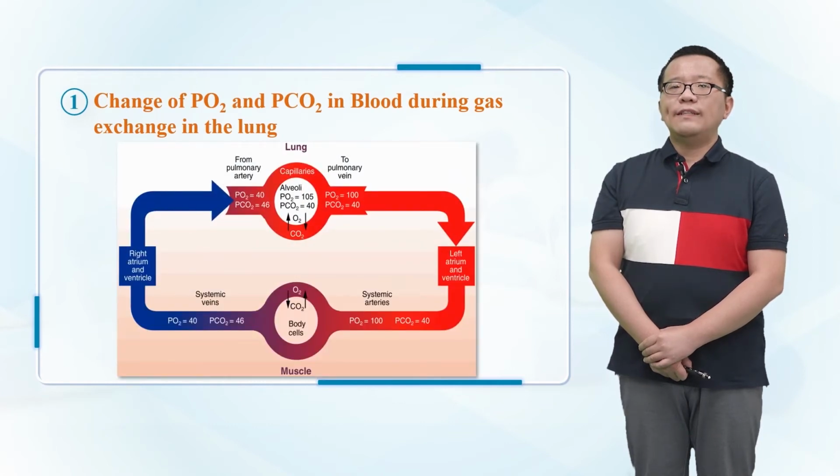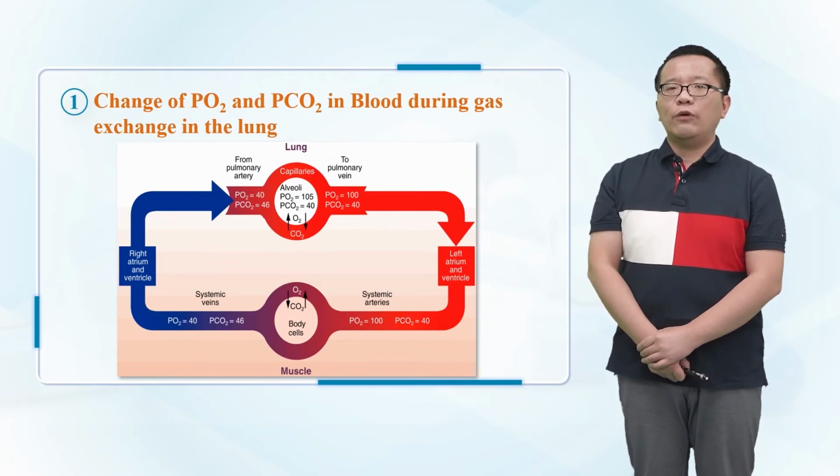Now we can see the change of pressure of oxygen and of carbon dioxide in blood during gas exchange in the lung. In the alveoli, the pressure of oxygen is 105 millimeters of mercury. The pressure of carbon dioxide is 40 millimeters of mercury.